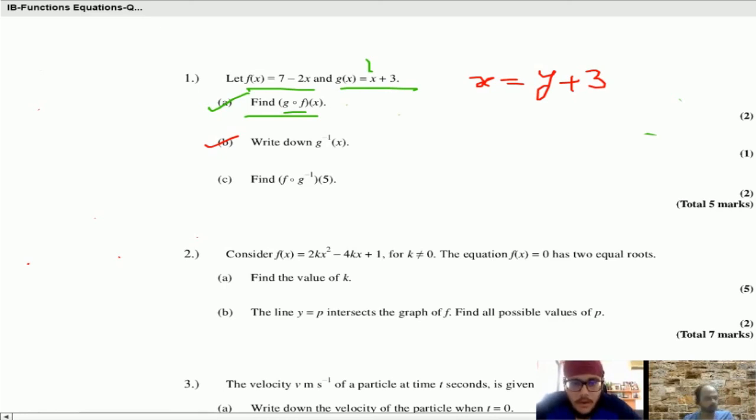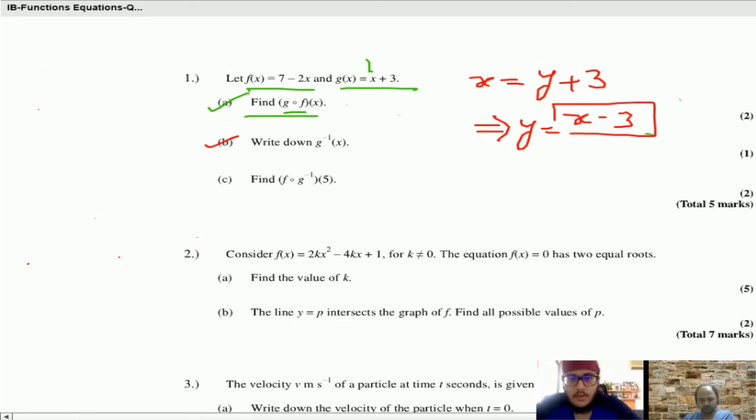So then y will be x minus 3. We have to transpose this 3 to the other side, wouldn't it be x minus 3? Yes, sir.